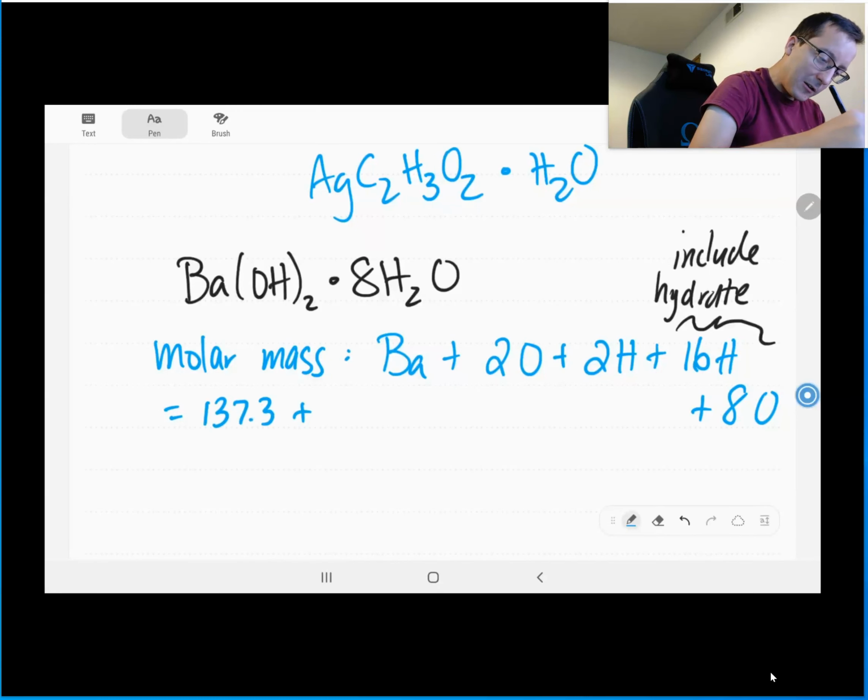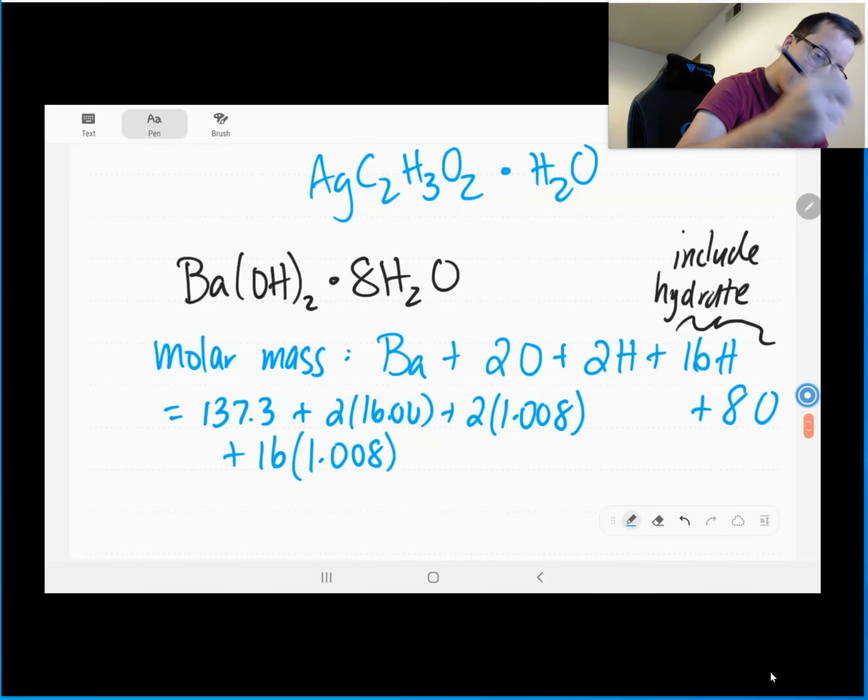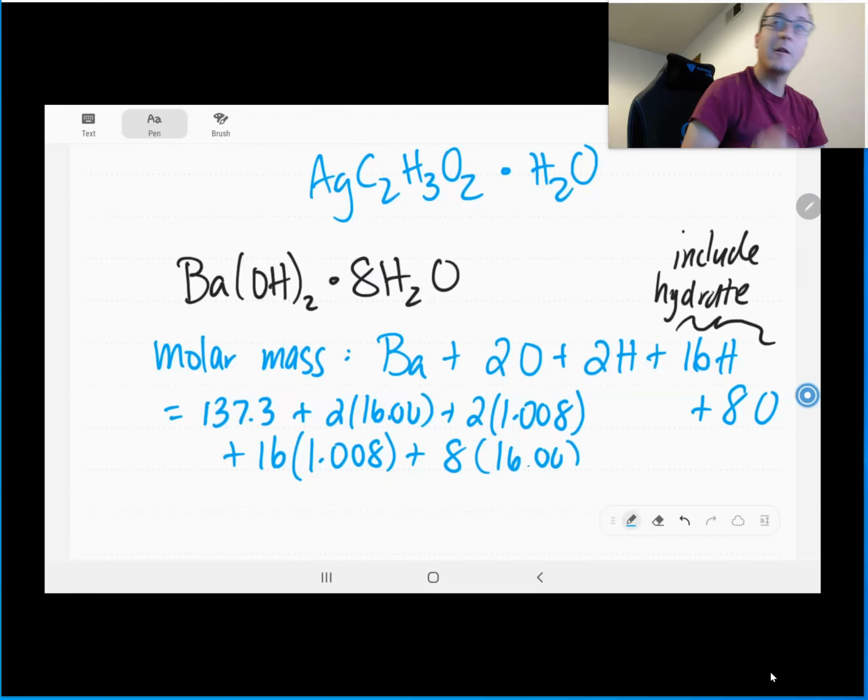We would add 2 times 16 plus 2 times 1.008 plus 16 times 1.008 plus 8 times 16. If you remember water is 18.02, you could just multiply 8 times that as well and add that to your number. But if you wanted to be truly systematic, you would do it this way.